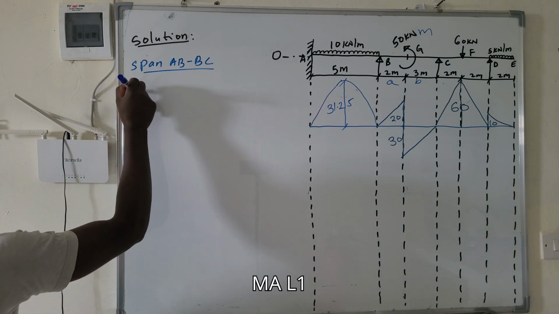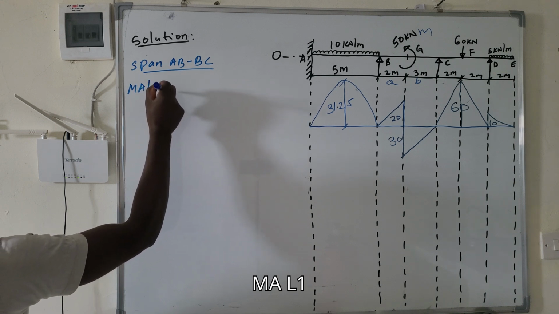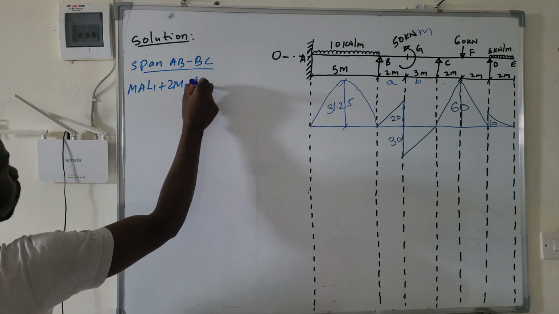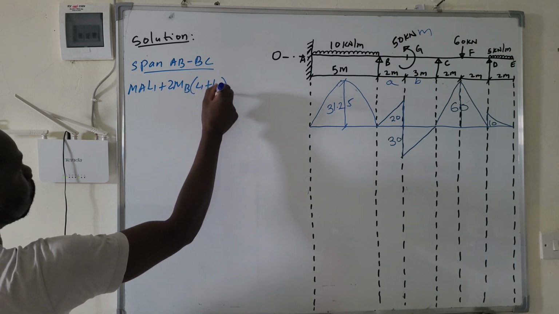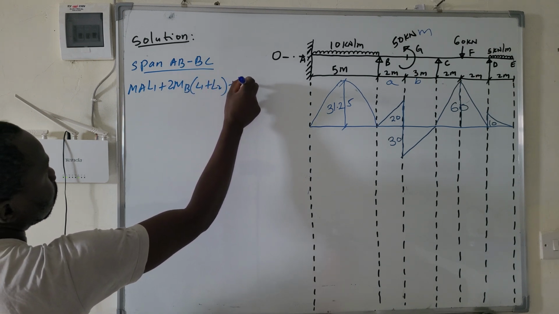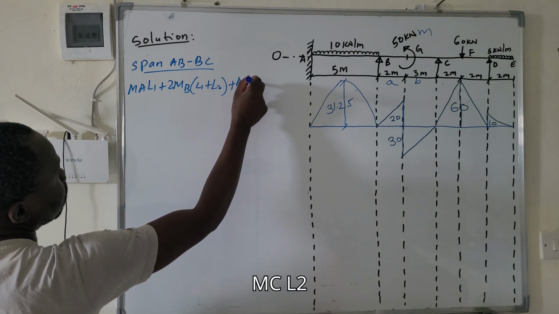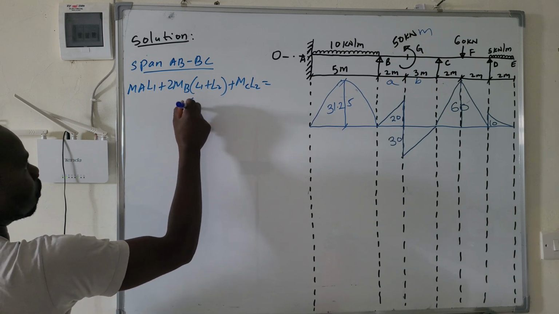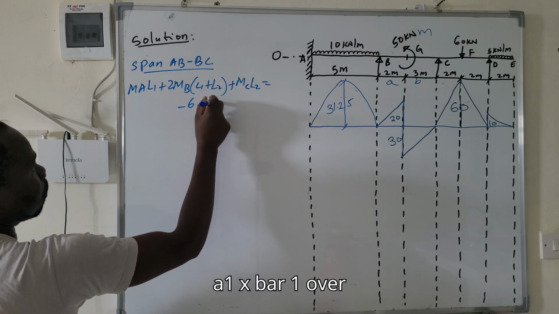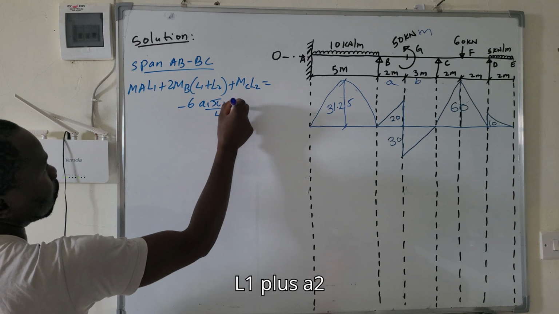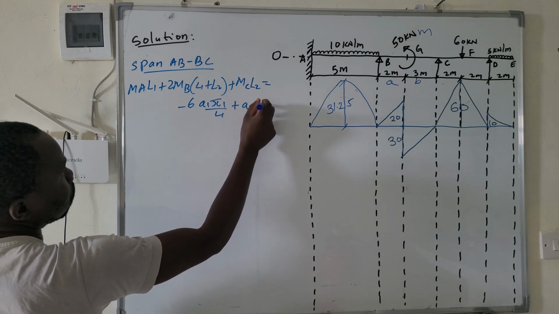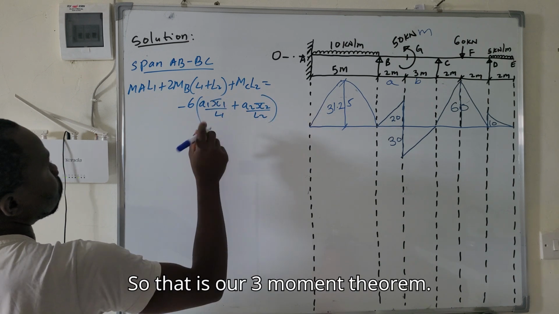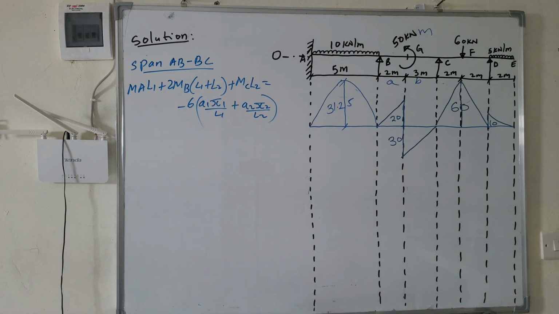So we will have MA L1 plus 2 MB (L1 plus L2) plus MC L2 is equal to negative 6 [A1 x bar 1 over L1 plus A2 x bar 2 over L2]. So that is our three-moment theorem.